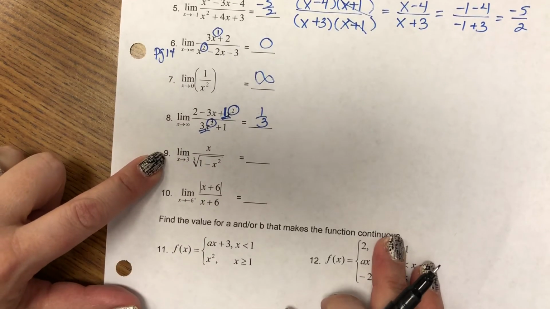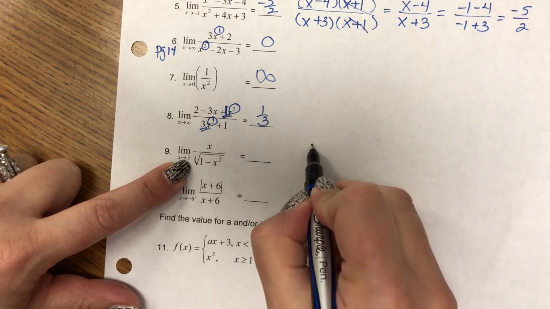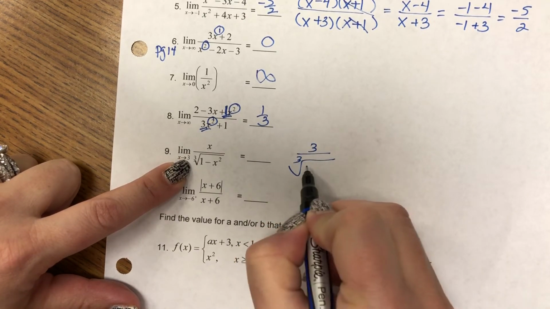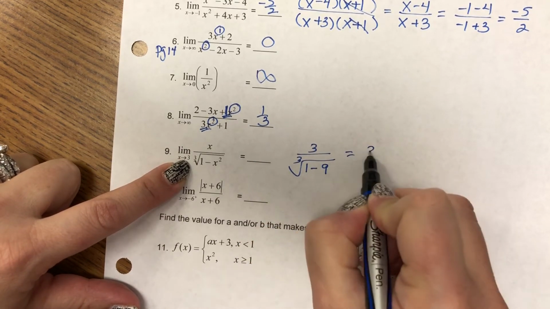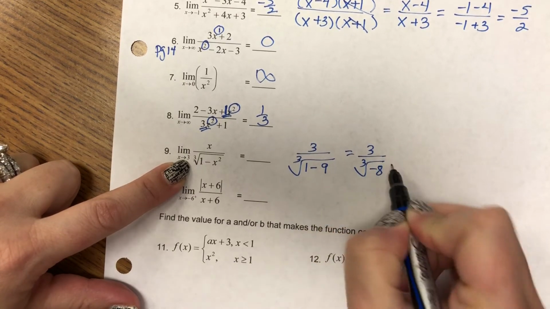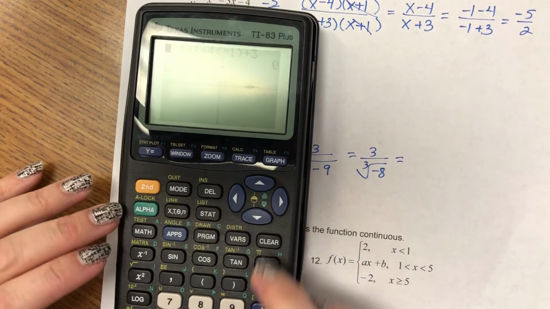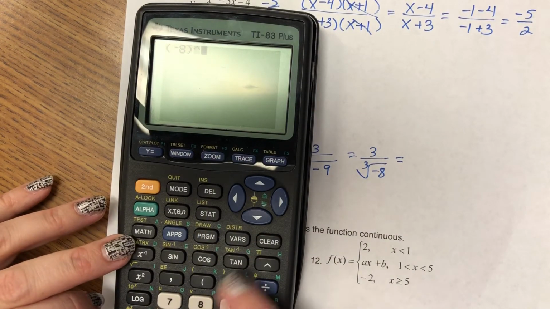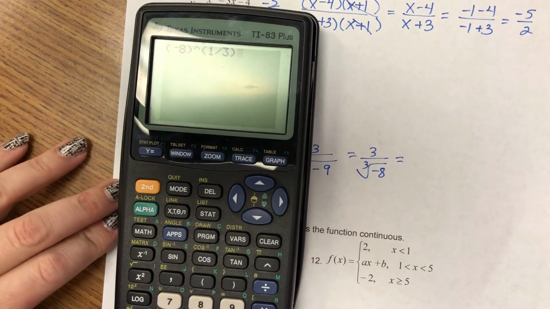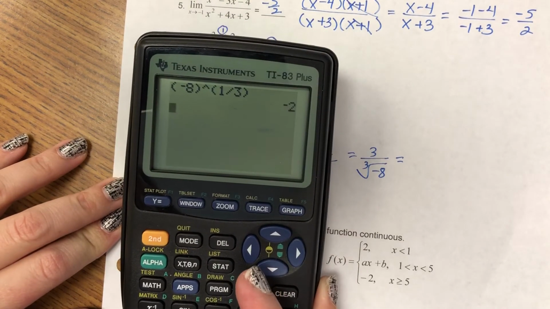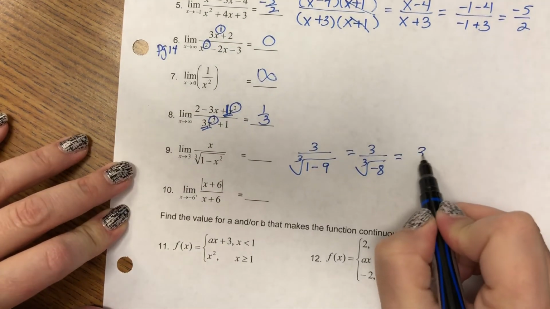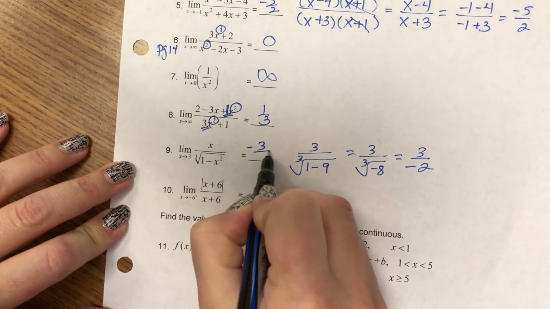For 9, I can plug in 3. Now you can cube root a negative 8, which is a 1/3 exponent, so that's negative 2. So our answer is negative 3/2.